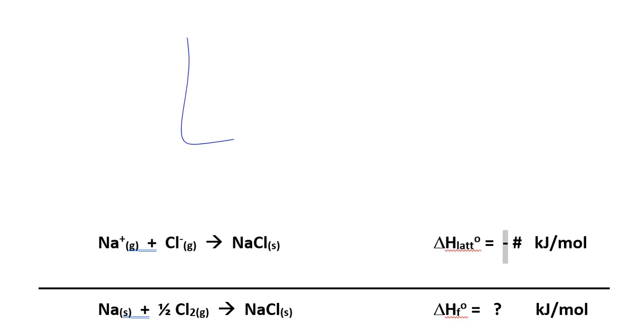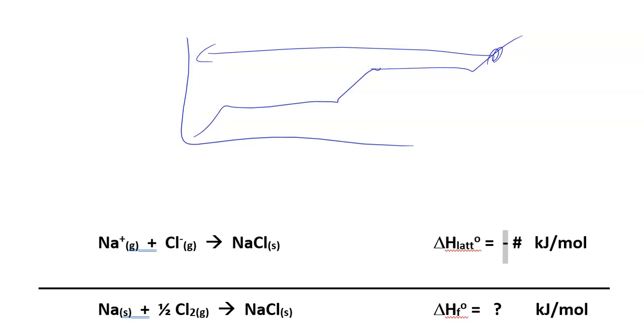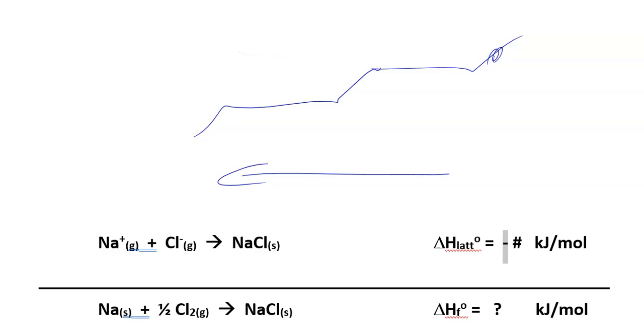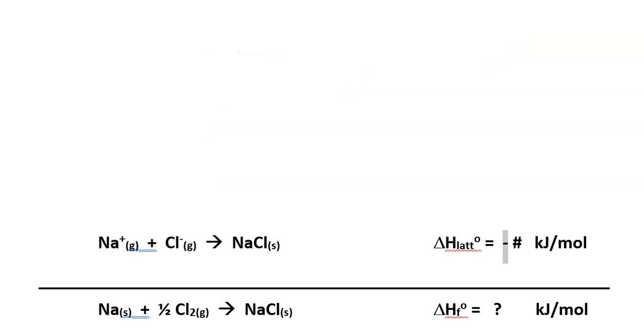If you remember our heat curve, going from a gas to a solid is going to be highly exothermic. Going across the x-axis that way is exothermic. And when you have free ions like these two, and they click together to form a solid ionic compound, that's highly exothermic. So if you add a negative and a negative, you get a big negative, and this will be a very large negative value.